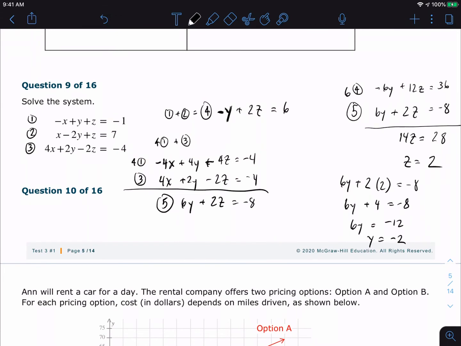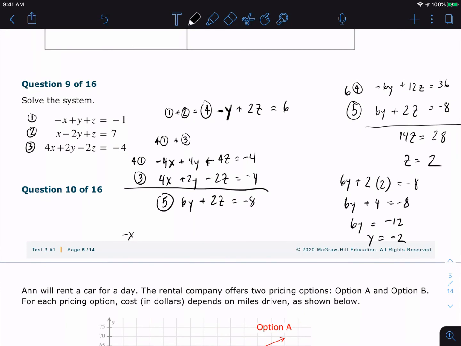I can plug into one of the originals, 1, 2, or 3, and get x. So I'm going to plug into number 1. So plugging into number 1, I'm going to get negative x plus my y is a negative 2 plus 2 is equal to negative 1. Do you guys agree with that?